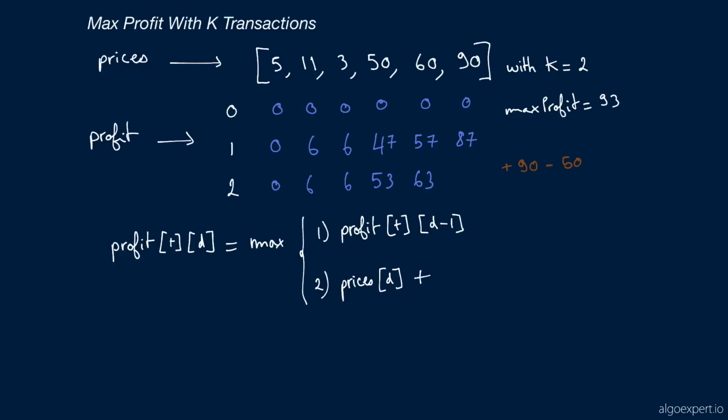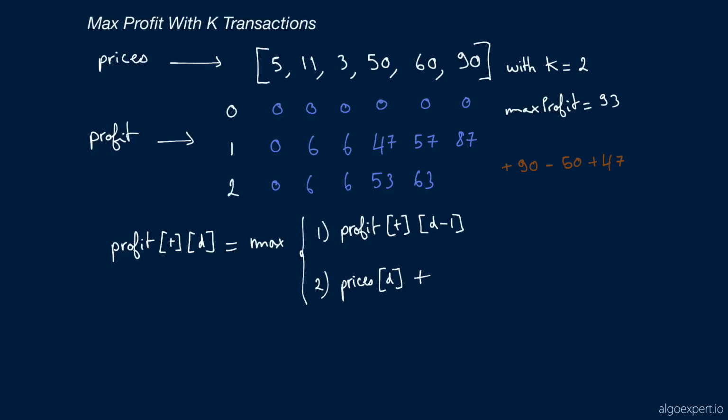So we would actually add this 47, because we would say, when we were at 50 here on this day with 1 transaction, the maximum profit that we could make was $47. And so then we bought 50.